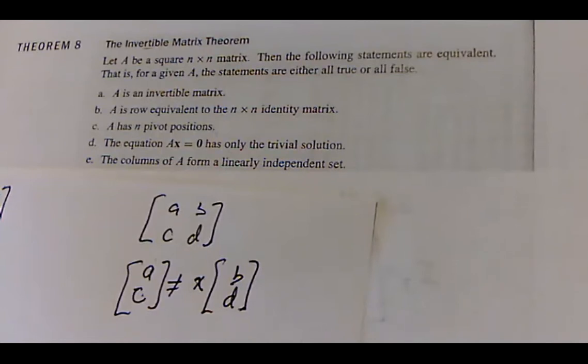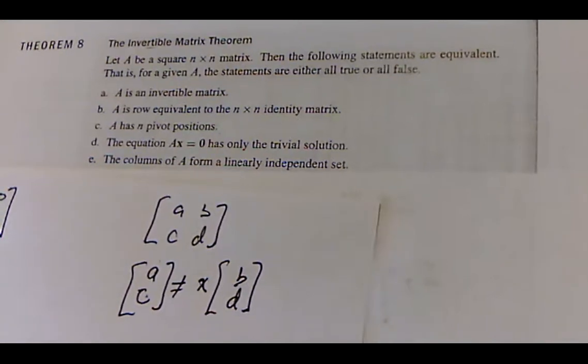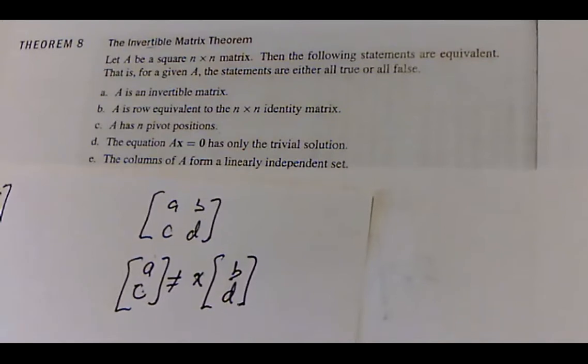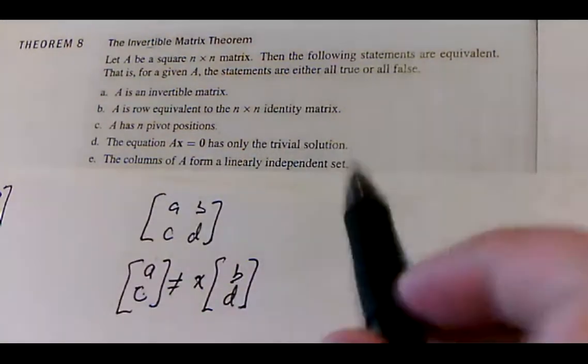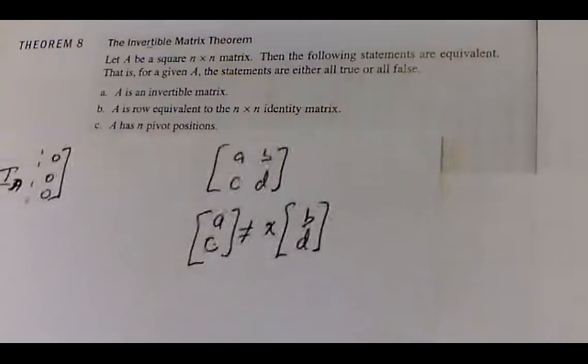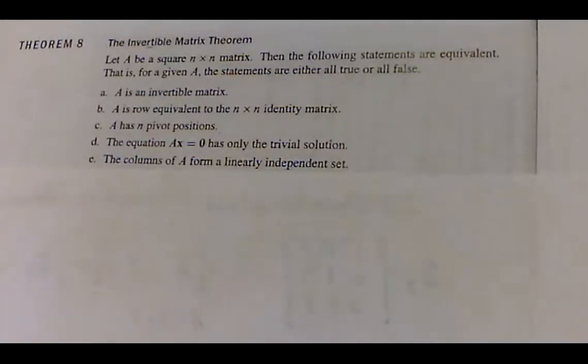There is no dependence relationship. So with two vectors, it's really easy to show linear independence. If you can show linear independence, you get invertibility. You get identity equivalence. You get all of that for free if you can just show one of them.